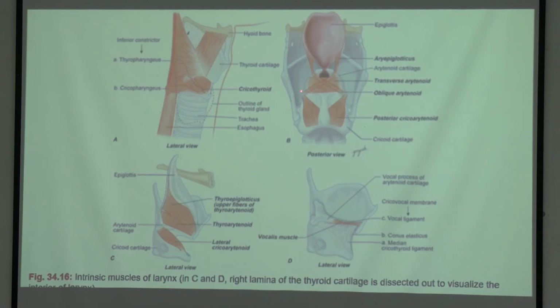Then there is another muscle attached to the cricoid in front and the muscular process of the arytenoid, called the lateral cricoarytenoid. All these small intrinsic muscles of the larynx, remember, cause adduction, except the posterior cricoarytenoid which causes abduction.